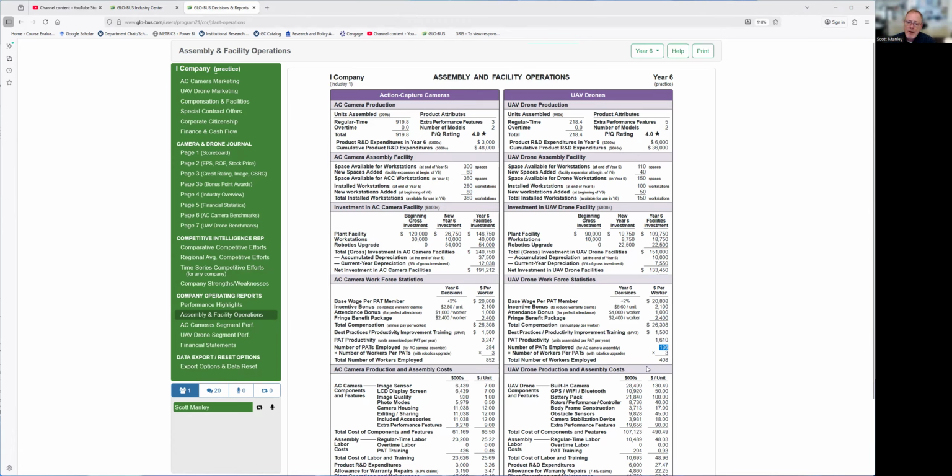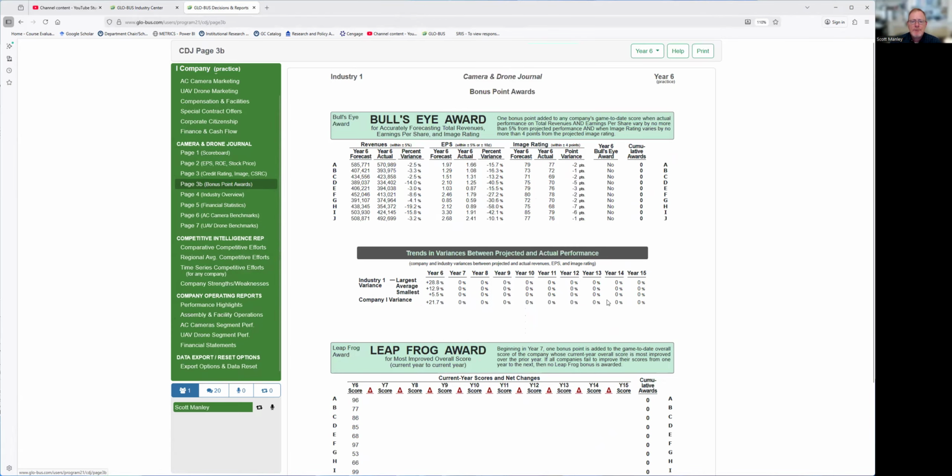So it's really hard to perform well, particularly when you're running a cost leadership strategy, if you're not using all of your factory. So that's the problem. It came down to market share, and it came down to the fact that I wasn't using all of my facility.